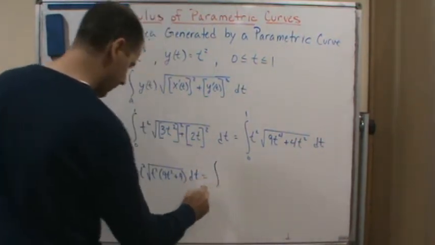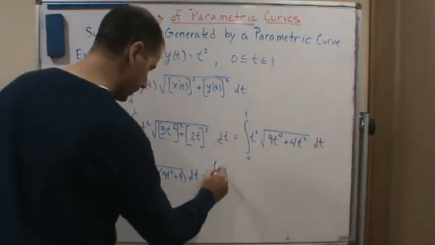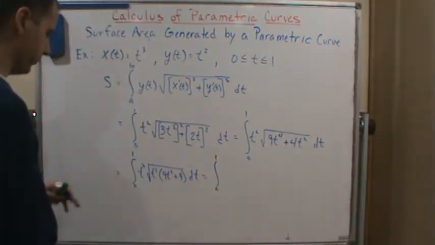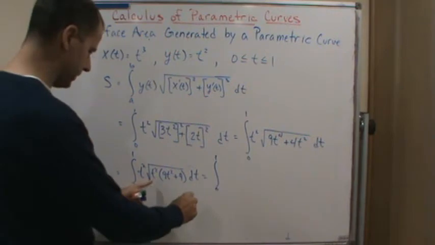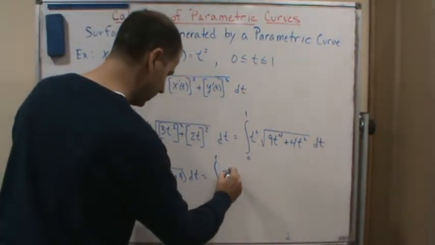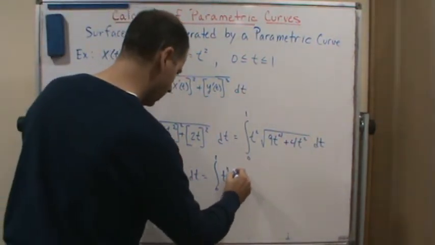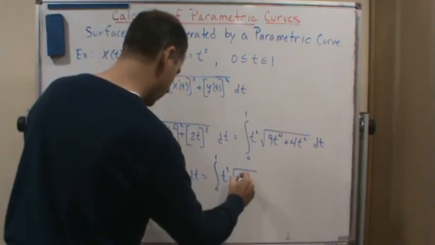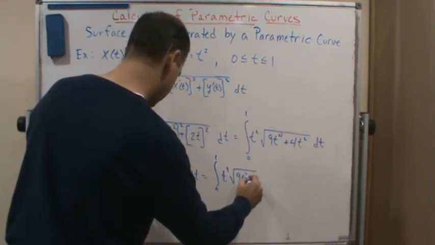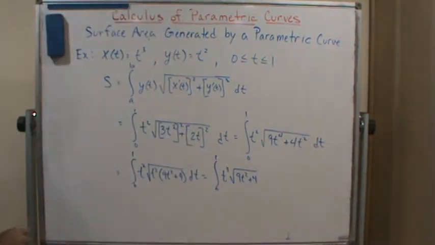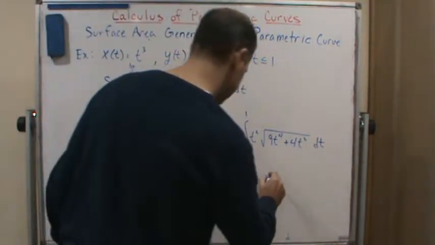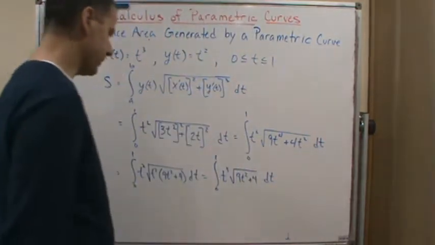And then this becomes the integral from 0 to 1, and the square root of t squared is just going to be t, so I can split this off and it gives me a t. So this is going to be t cubed times the square root of 9t squared plus 4, dt.